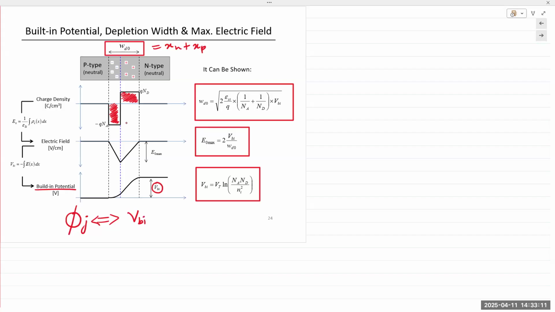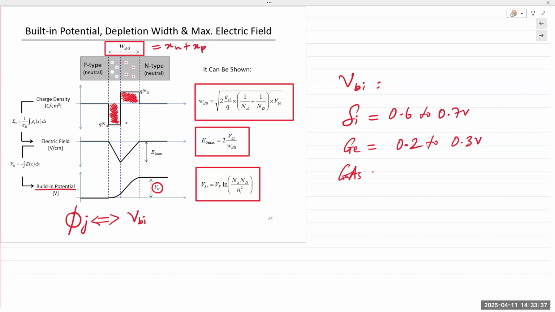Okay. And the value of this depends on the material of the semiconductor. For silicon, it is approximately equal to 0.6 to 0.7 volts. For germanium, it's approximately 0.2 to 0.3 volts.